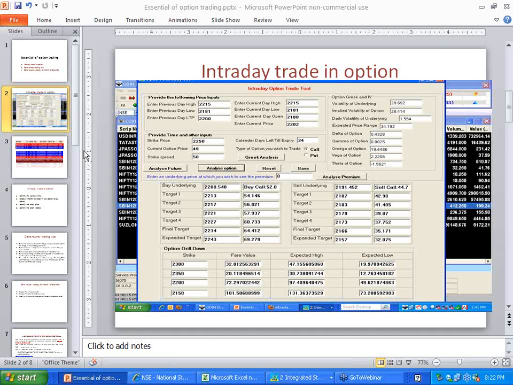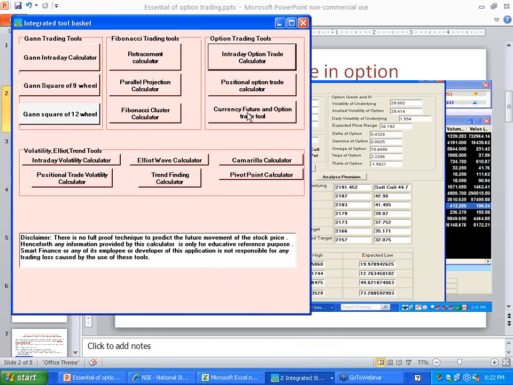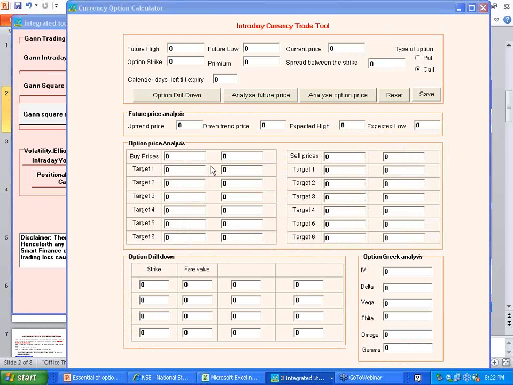Same way I have used the integrated tools currency option calculator, and I have initiated that trade. I have kept a stop loss around 1 rupee and 76 paisa.